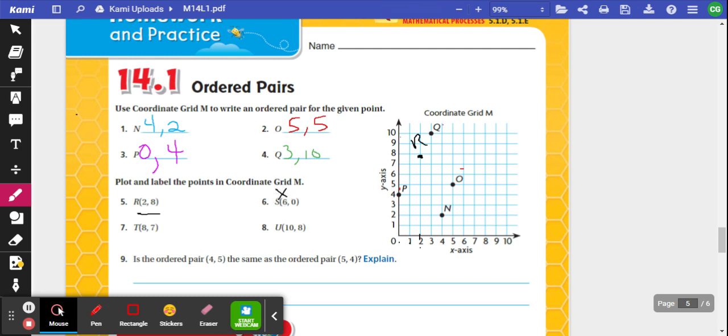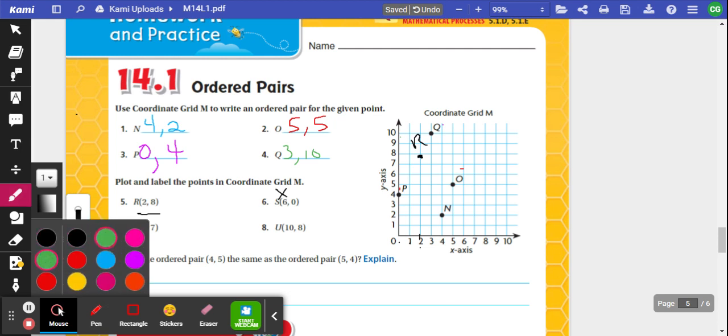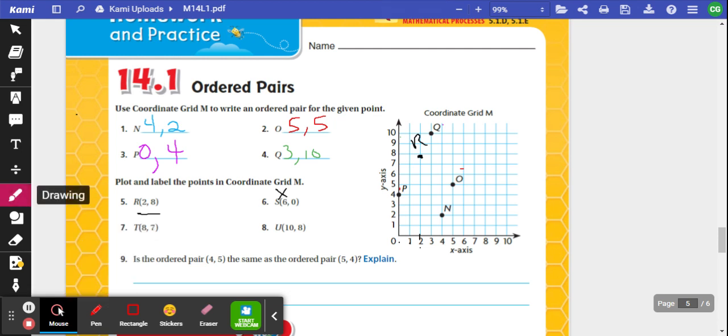My X is 6, so I'm starting at the point of origin, and I'm going to change the color. I'll go to green. And I'm going to go to 6, so it's 1, 2, 3, 4, 5, 6. So I'm right there. And I don't move any units up. I stay right here on the x-axis at 6. So this is called S.